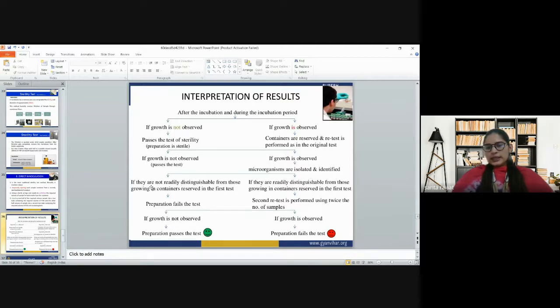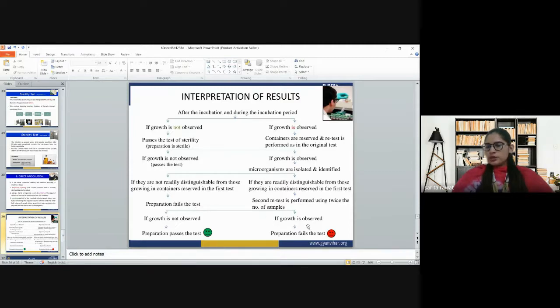Then, if they are not readily distinguished from those growing in the container reviewed in the first test, then a secondary test is performed using twice the number of samples, and the preparation fails the test.